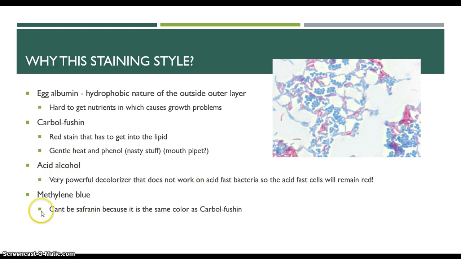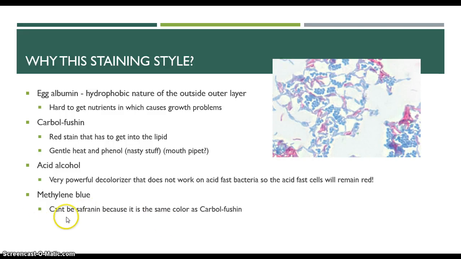And so we counterstain those non-acid-fast cells with methylene blue. And we don't use safranin. Typically, our go-to counterstain is safranin, right? We do that in not only the gram stain, but also in the endospore stain.